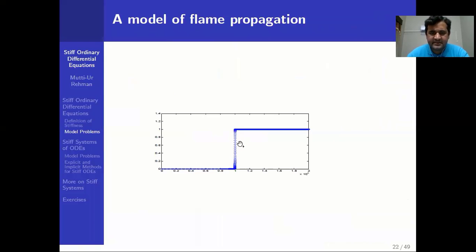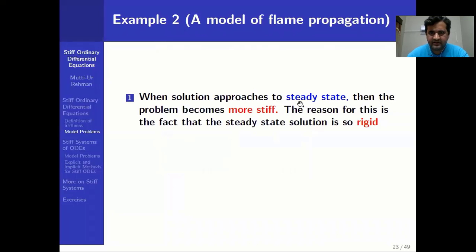I mean, in this case, you see that your solution basically reaches this steady state. So it reaches the steady state, then of course your problem becomes more stiff, and the reason is very simple, because your solution is rigid.